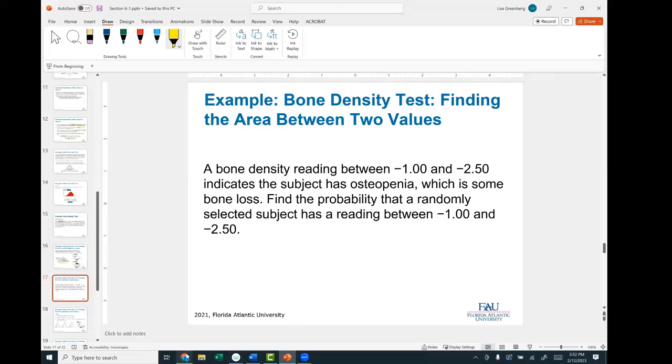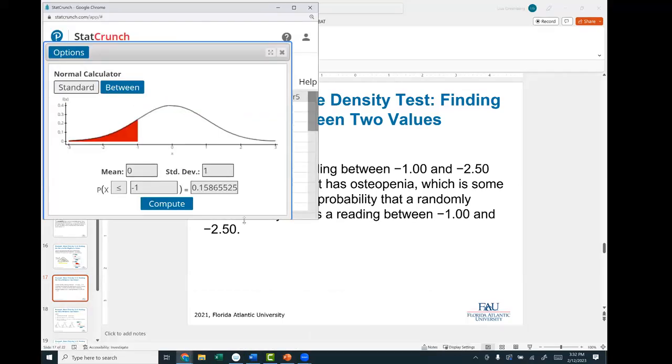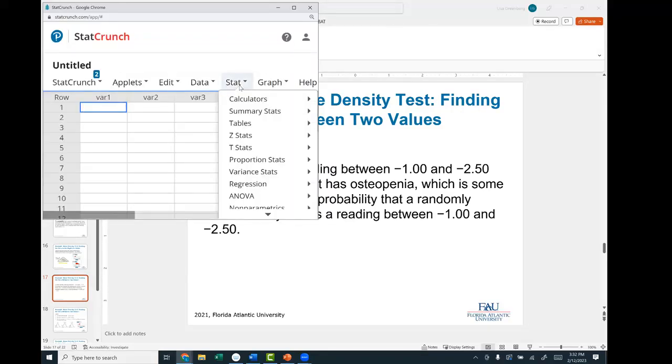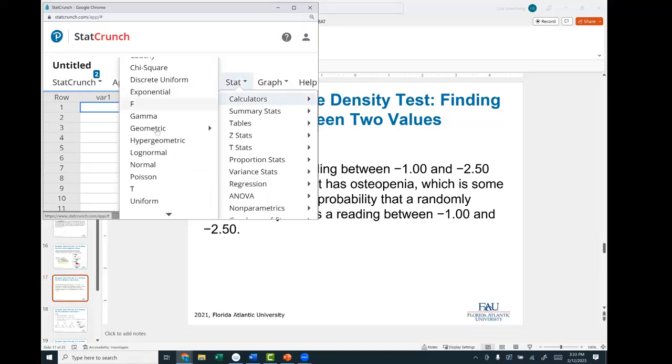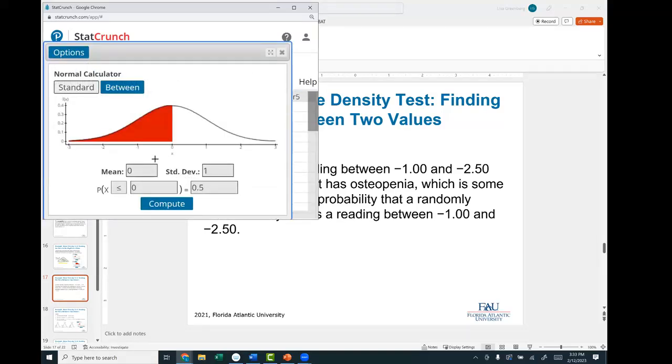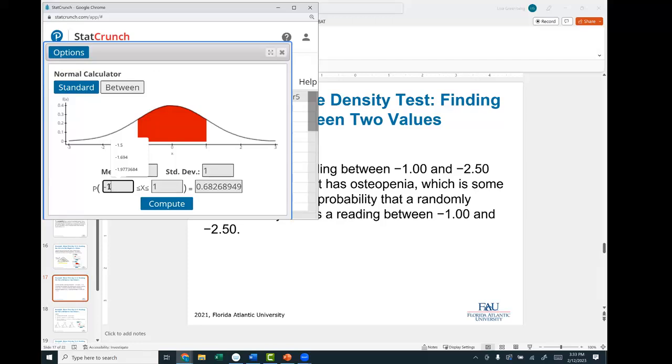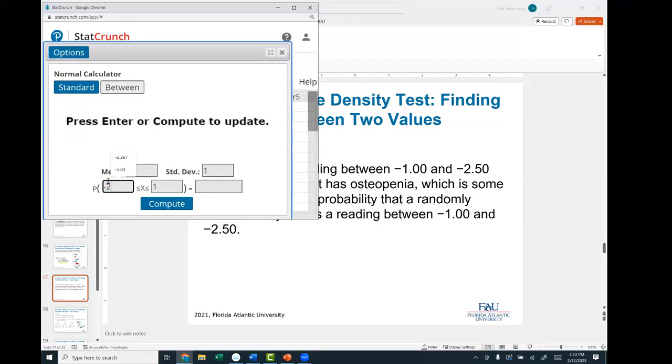So again, I go into my StatCrunch. I can close it and open it back. So I have stat, calculators, normal, and I want my values to be between. My lower limit is -2.5, and my upper limit is -1.